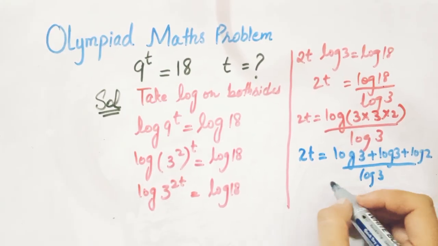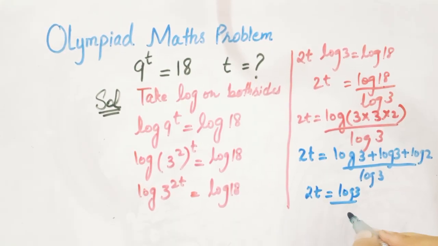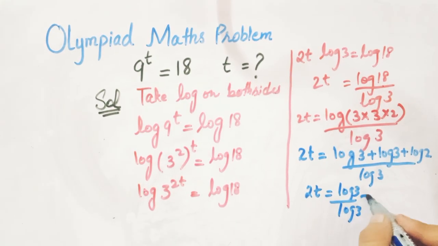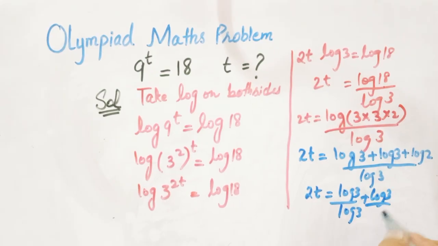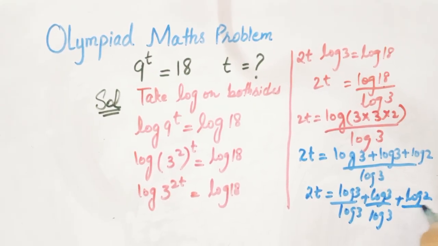So we get 2t equals log 3 divided by log 3 plus log 3 divided by log 3 plus log 2 by log 3.